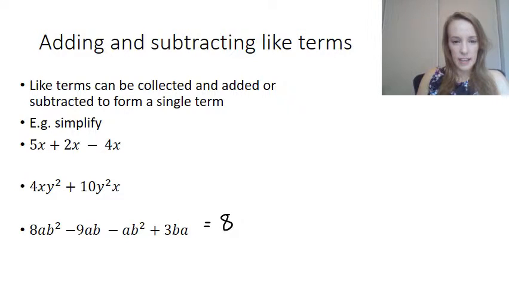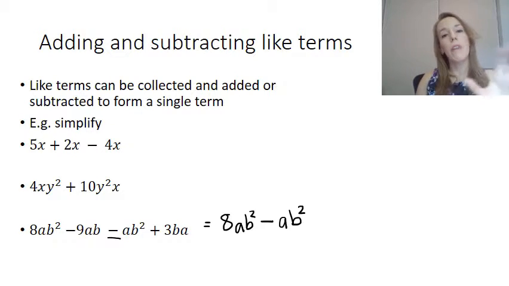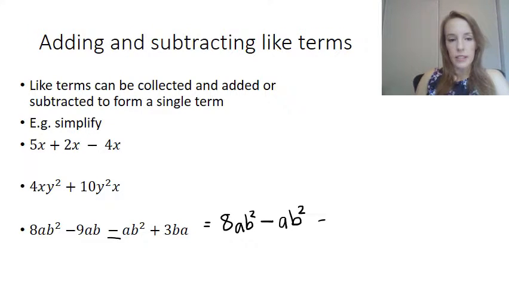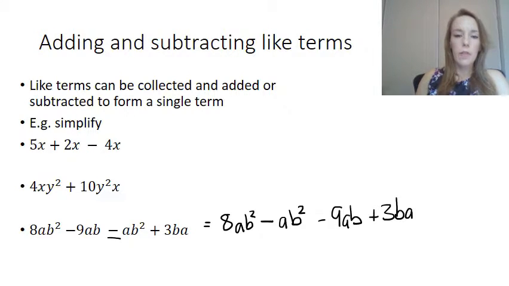So it was 8ab squared, and the like term was the ab squared. Remember, take the sign. This subtract sign was in front of the ab squared, so when we're moving it around, we're going to take it with us. Take 9ab plus 3ba. From there, we can solve.